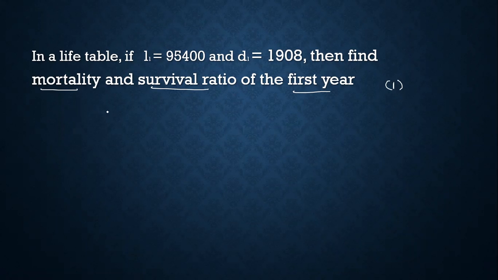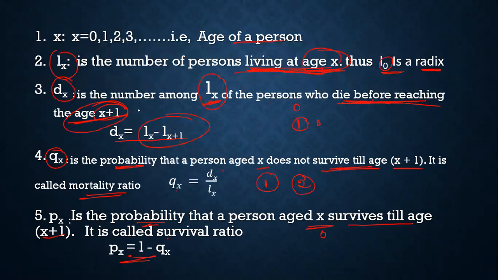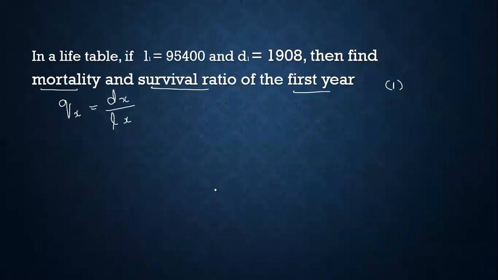When you say mortality, it is nothing but Qx. Now what is the formula? It is Dx divided by Lx. So you must write that formula.